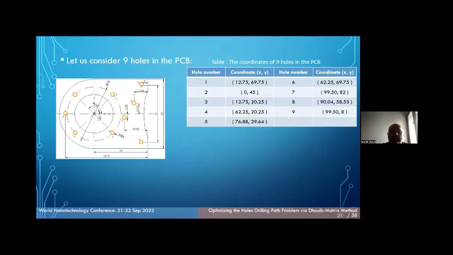Through this example, I will go step by step and show you the application of the novel method Dhouib-Matrix TSP1. Here there are 9 holes to be drilled, represented by red circles. For each circle, we have the x and y coordinates.